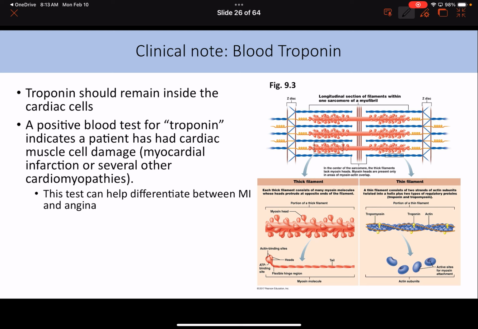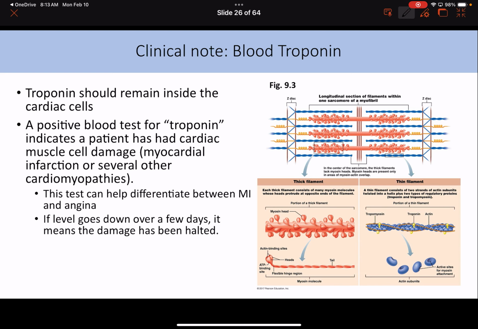Angina is when you are experiencing coronary ischemia, so your cardiac muscle cells are hungry for oxygen, but they haven't been damaged yet. They're not dead yet. You only have dead or damaged cardiac cells with an MI, not with angina. So this can help you differentiate between chest pain from angina or a myocardial infarction.